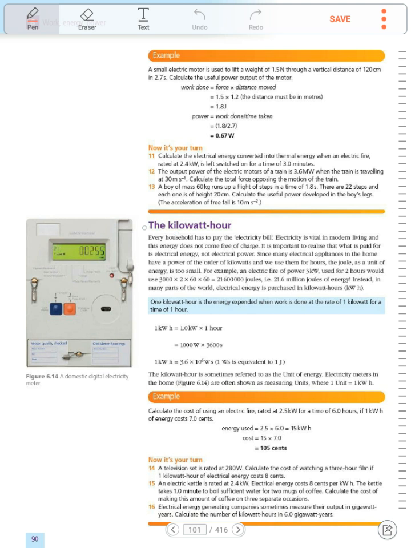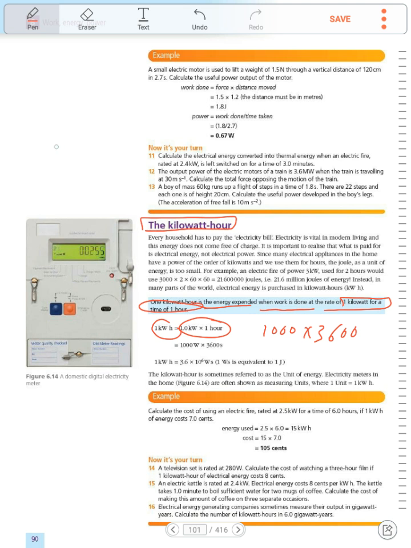Now, we have a unit to measure the amount of electrical energy used, which is the kilowatt hour. A kilowatt hour is the energy expended when work is done at the rate of 1 kilowatt for 1 hour. So 1 kilowatt hour is 1 kilowatt multiplied by 1 hour. 1 kilo is 1000, an hour is 3600 seconds.